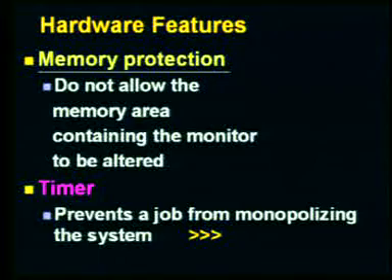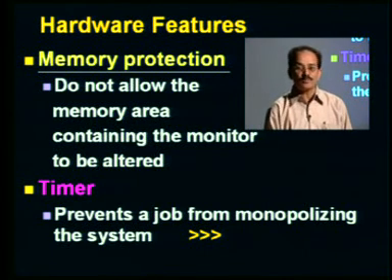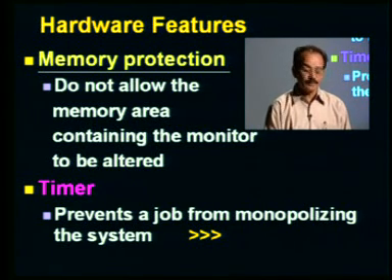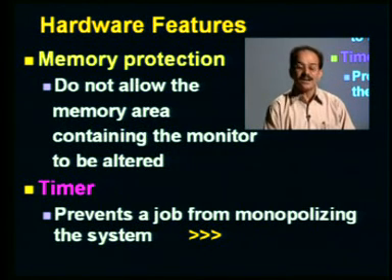Now, what sort of hardware features will I be looking for? Maybe I am looking for memory protection. Okay, the memory which I allocated to one program, I will not allocate to another program. This is what we call memory protection, that is, do not allow the memory area containing the monitor to be altered.